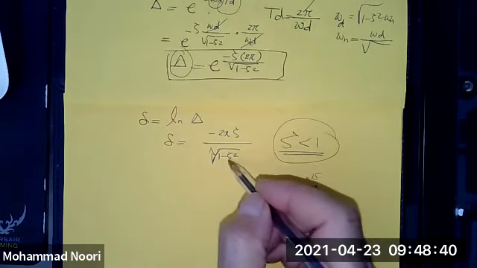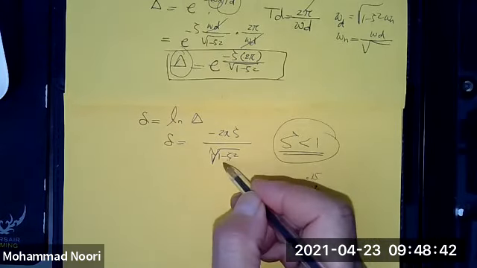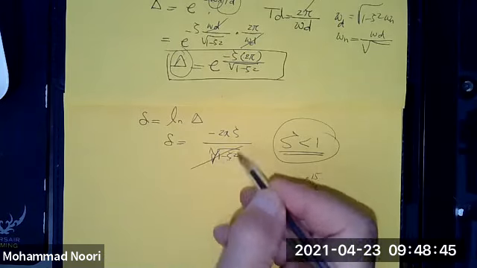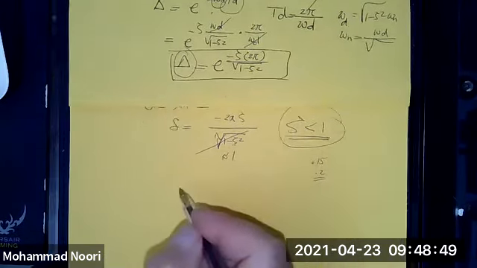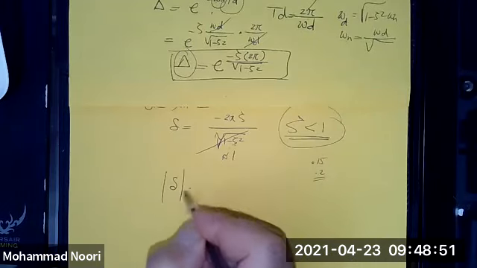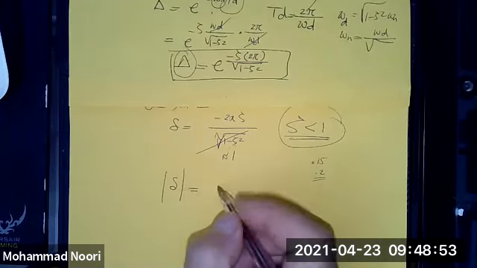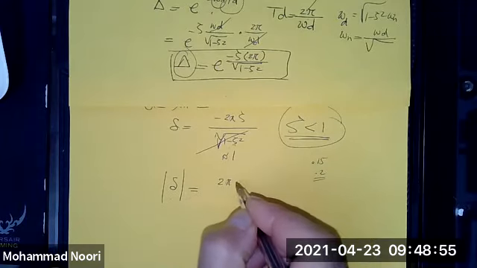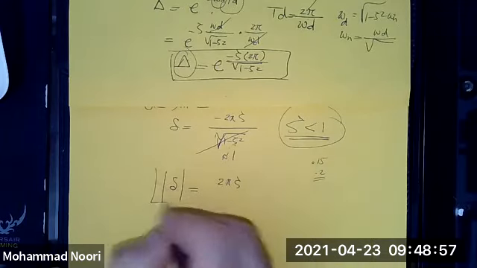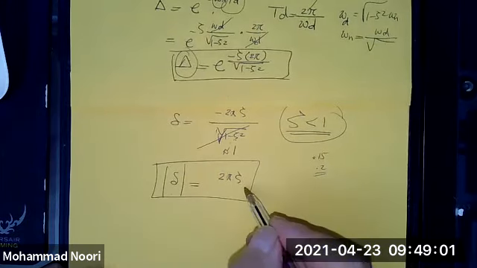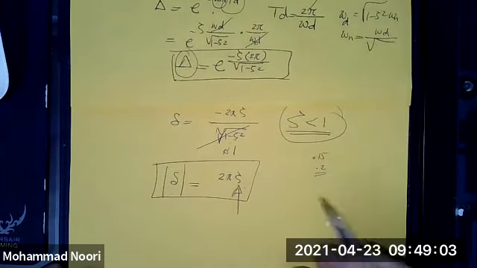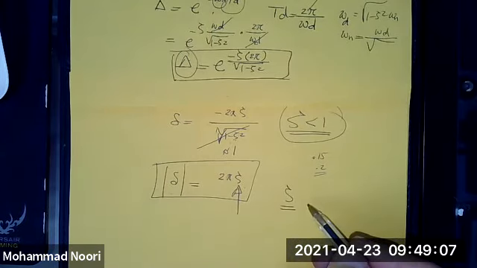So the square of that is very, very small compared with 1. So you can approximate this as almost equal to 1. So the absolute value of this becomes simply 2 pi zeta.